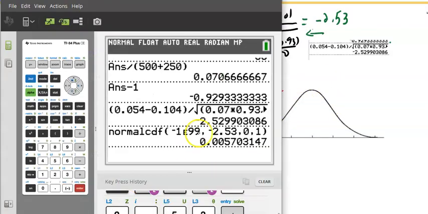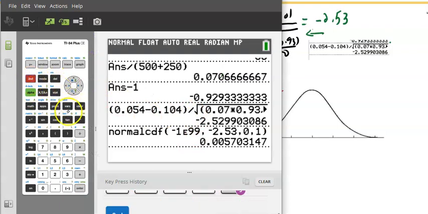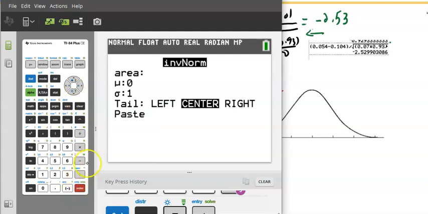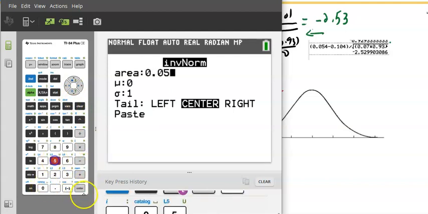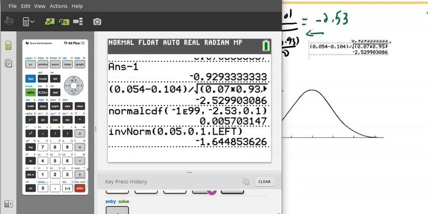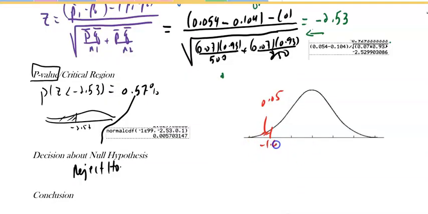I will go to my calculator again, and I will go for an inverse normal distribution. I want the area to be 0.05, and I want the left. That cutoff point is negative 1.64.